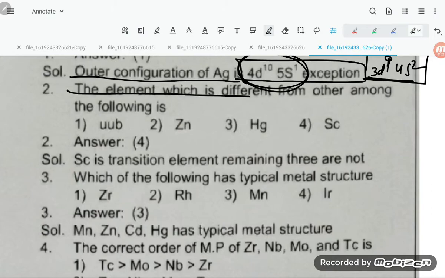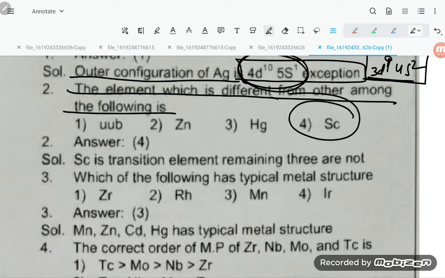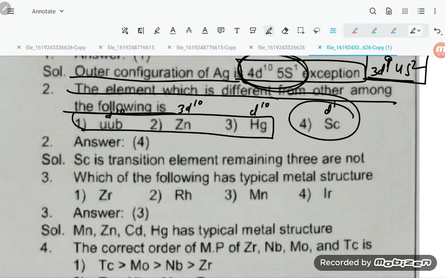The element which is different from the others among the following is: scandium is the different metal compared to the others, because zinc, cadmium and mercury are d10, but scandium has a d1 configuration.